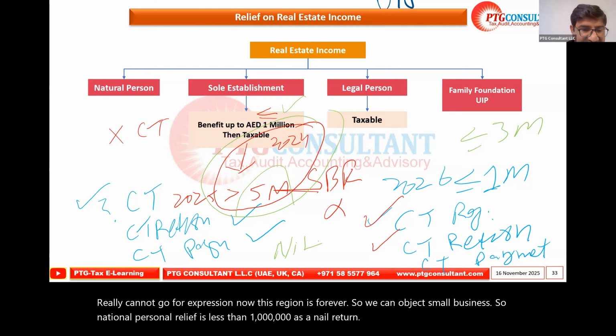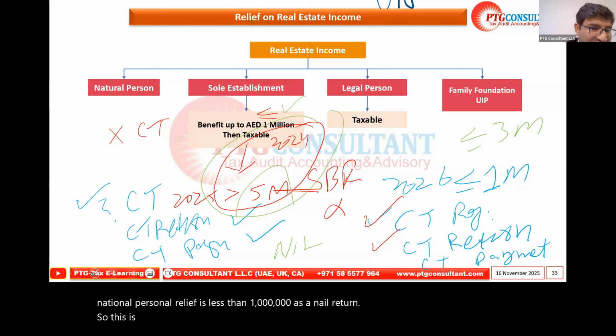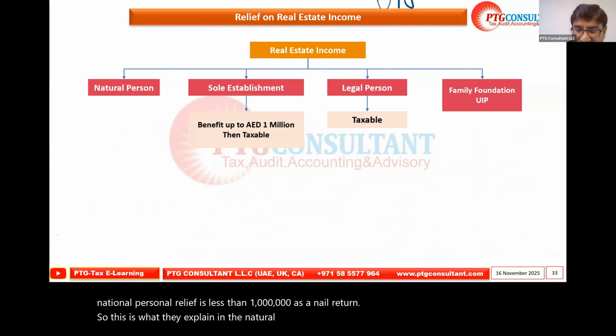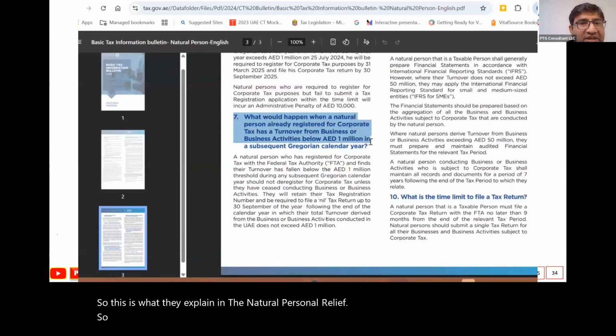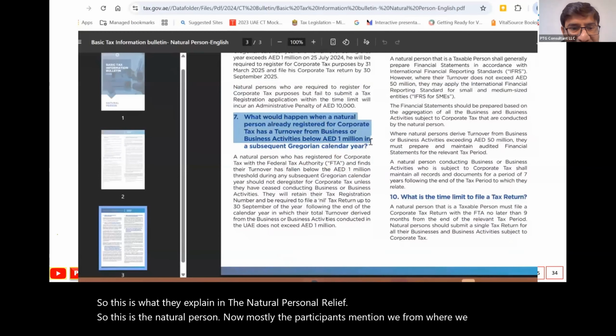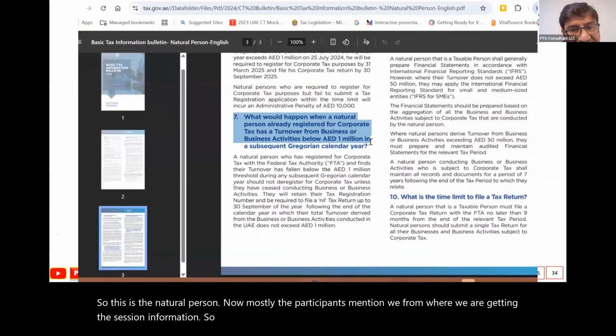So this is what they explain in the natural person relief. Now mostly the participants ask from where we are getting such information. That's why I added the screenshot, so you can search and go through that.